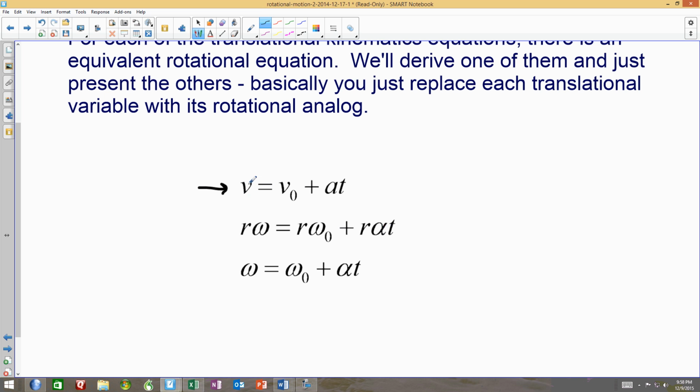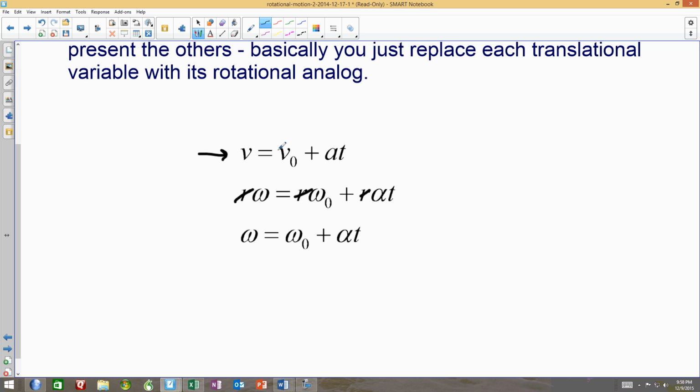If you substitute in v and v naught and a with r omega, r omega naught, and r alpha, you'll see that all three terms have an r in it, and you can cancel that out. And what are you left with? Omega equals omega naught plus alpha t, which is the same format as your kinematic equation.